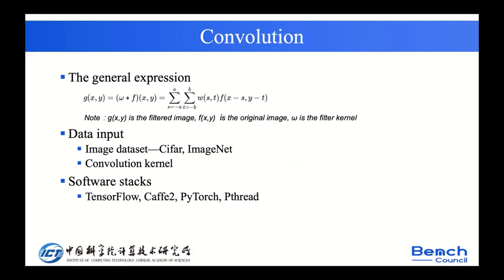First is convolution. Convolution is widely used in many tasks, and we provide image data sets including CIFAR and ImageNet, and we also provide TensorFlow, Caffe2, PyTorch, and piecewise implementations.